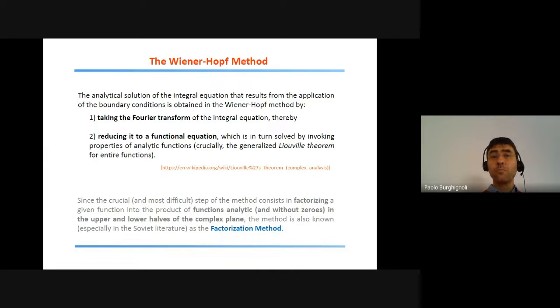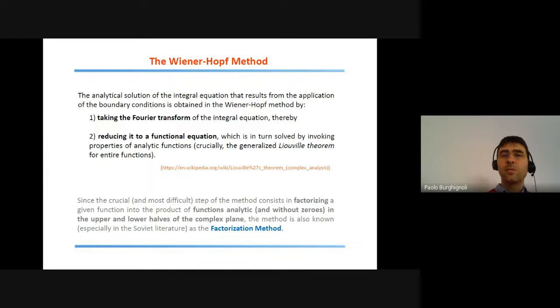Basically, the analytical solution of the integral equation that you get by enforcing a boundary condition can be obtained with the method of Wiener-Hopf in two steps. There is taking first the Fourier transform of the integral equation, and then, in the second step, reducing the integral equation to a specific kind of functional integral equation, which is then solved analytically by using specific properties of analytic functions.